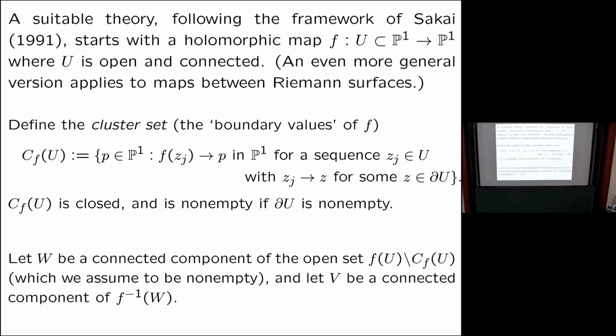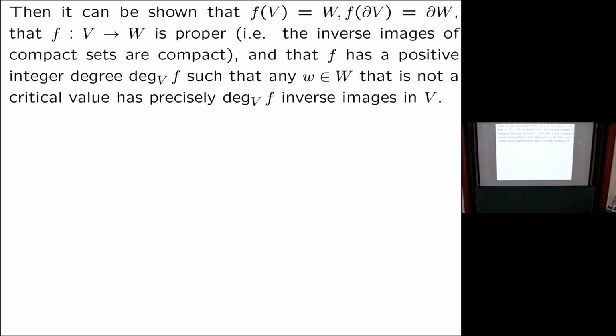Okay, why do you do this? How does it involve the procedure? Well, because then you find that F maps V to W, and the boundary of V to the boundary of W, and it's a proper map, i.e. the inverse images of compact sets are compact.